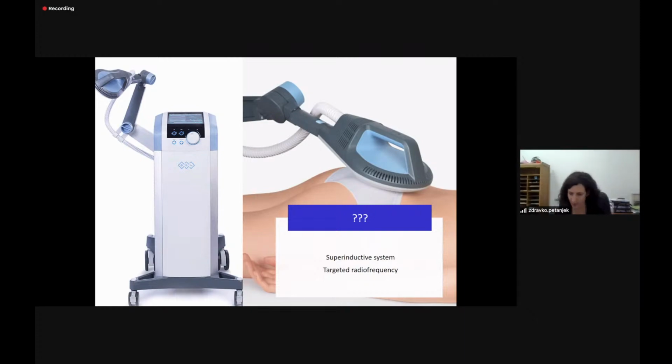However, we have some new passive physical therapy methods that we can use. One of these is the superinductive system. We have a really strong magnetic field that goes up to 1.5 Tesla, and it creates magnetic impulses that go deeper in the organism and actually contract muscles.